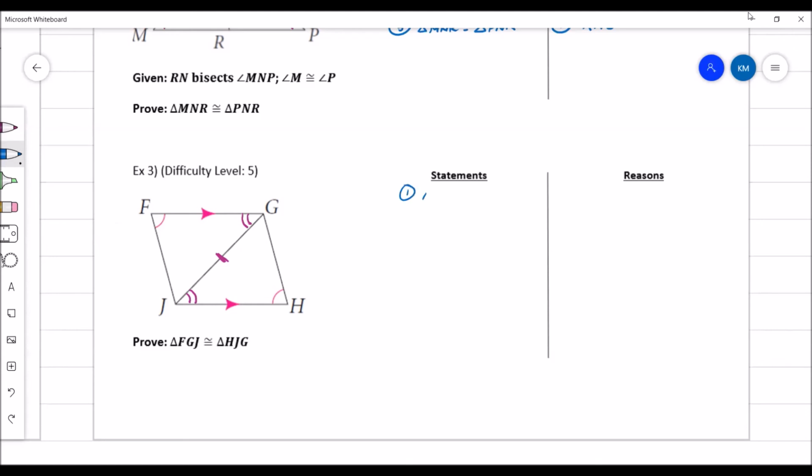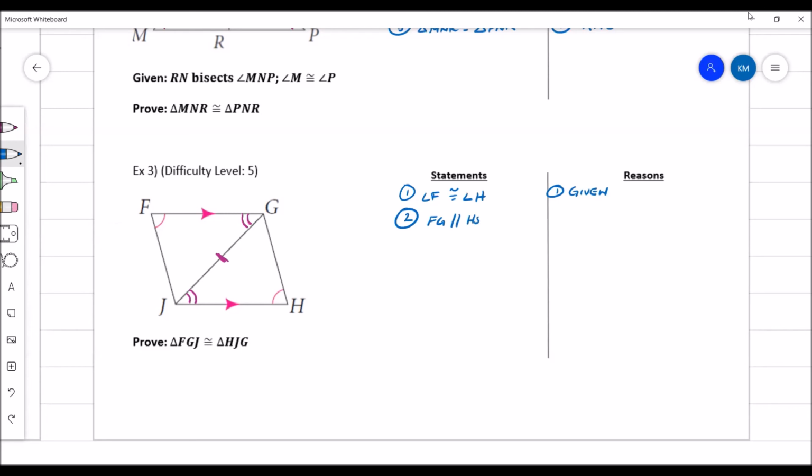First, given is that angle F is congruent to angle H. Again, that's given information because it was given to us in the diagram. This is an overlooked step, so I want to make sure we say it. We're going to say that FG is parallel to JH, or HJ.